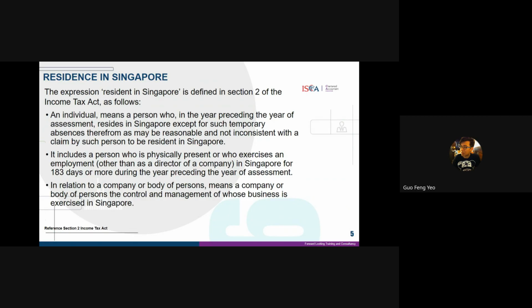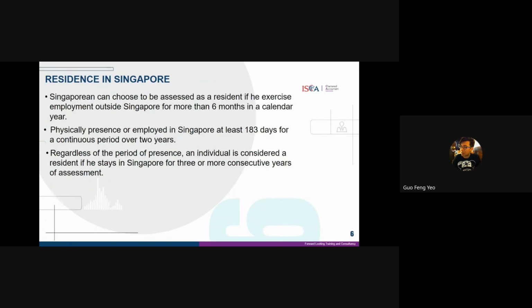While the above definition extracted from the Singapore Income Tax Act can be a mouthful, there are other practical ways to determine the tax residency. A Singaporean can choose to be assessed as a resident if he exercises employment outside of Singapore for more than 6 months in a calendar year.